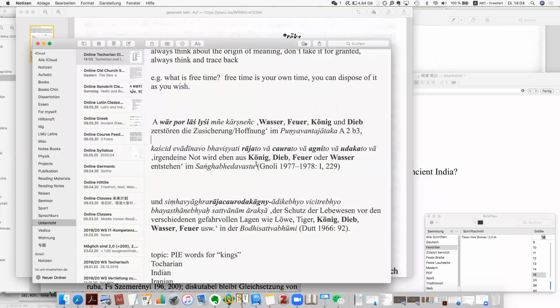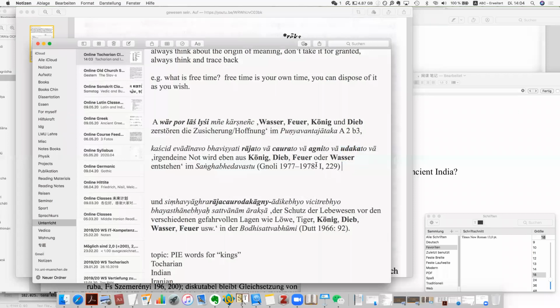In Sanskrit, it's called kashchit eva dinavo, bhavishya rajato va chaurato va agnito va udakato va, and so on. So the sentence is: a difficulty or a danger from whom? From Raja, king, from Chaura, the thief, from Agni, fire, and from Udaka, water.